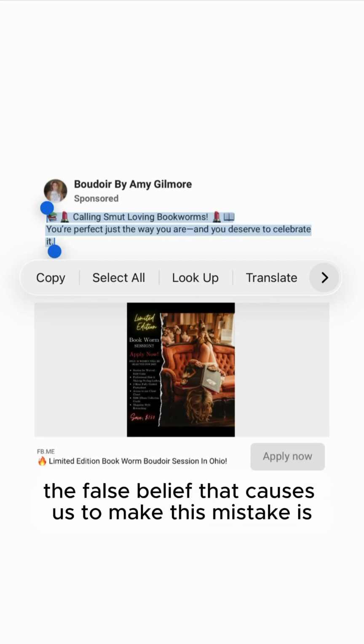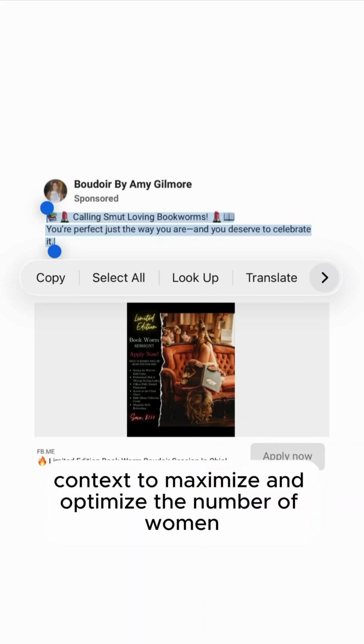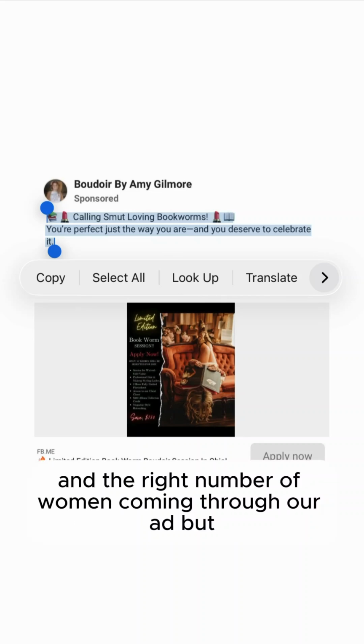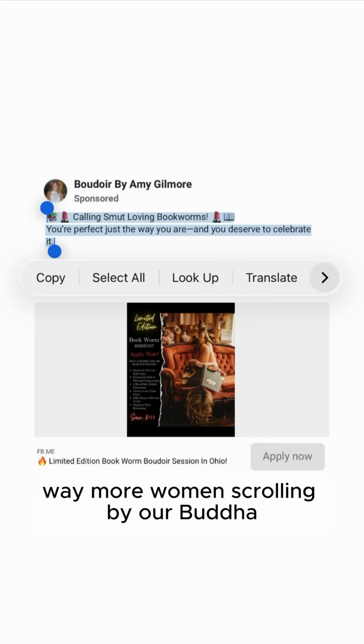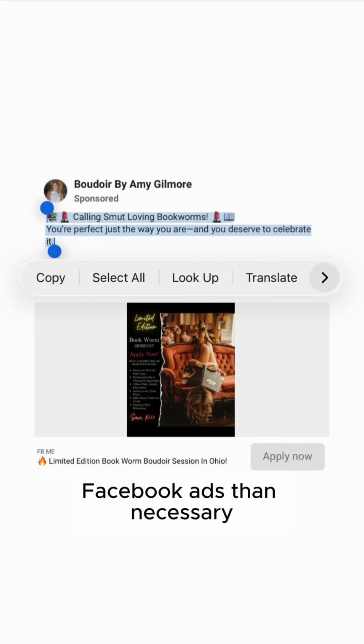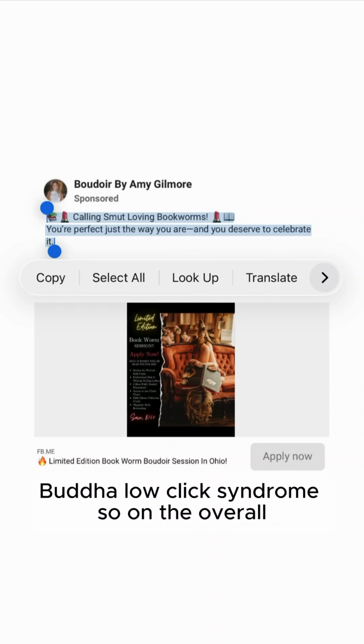The false belief that caused us to make this mistake is we believe we provide enough context to maximize and optimize the number of women and the right number of women coming through our ad, but we didn't do that. So the consequence is way more women scrolling by our Boudoir Facebook ads than necessary, and pulling our unique CTRL under 6%, contributing to BLCS, Boudoir low click syndrome.